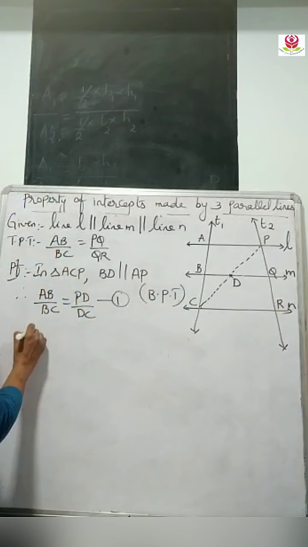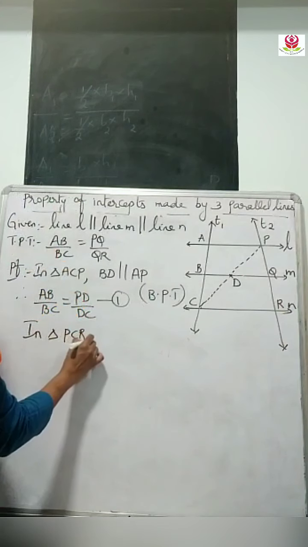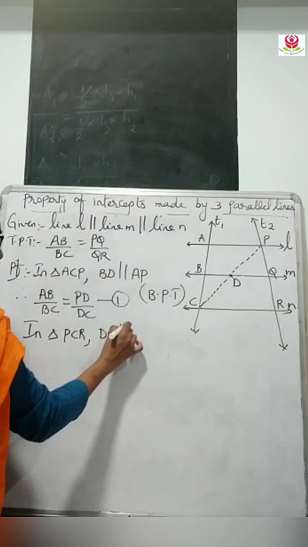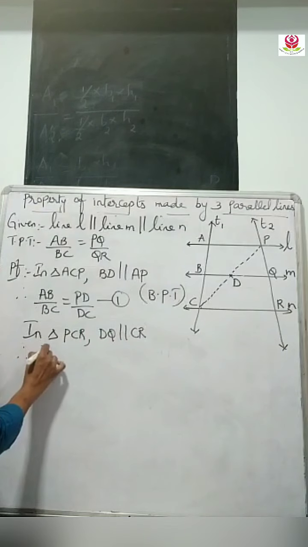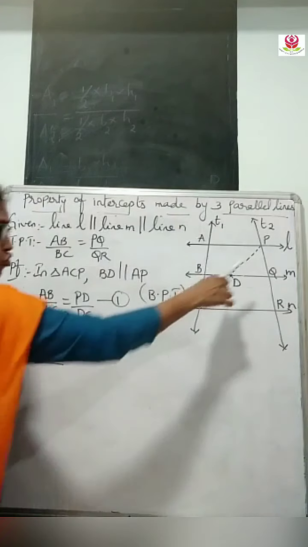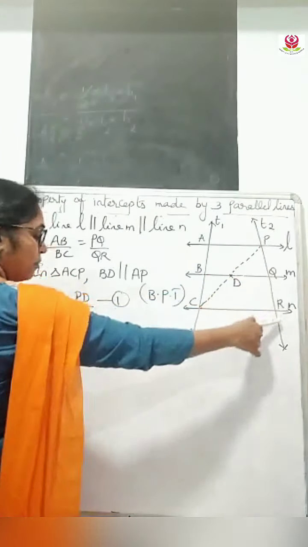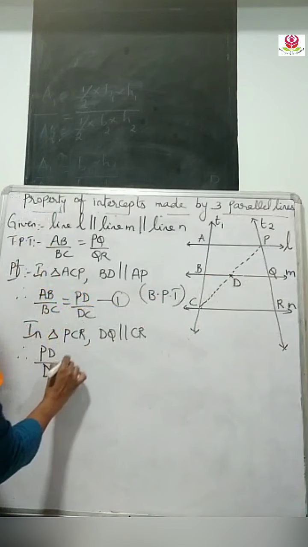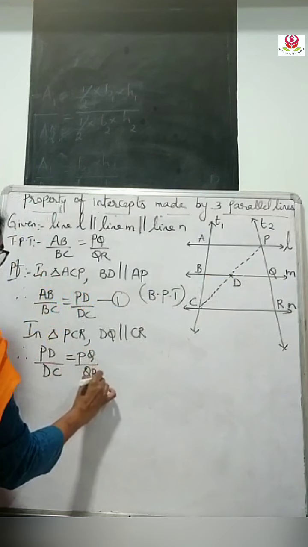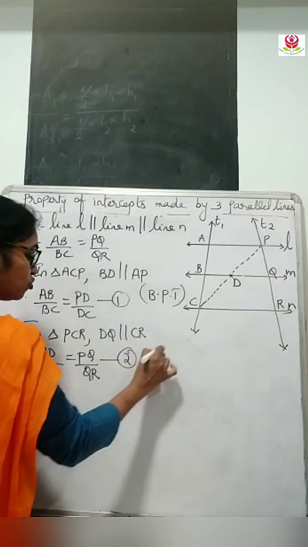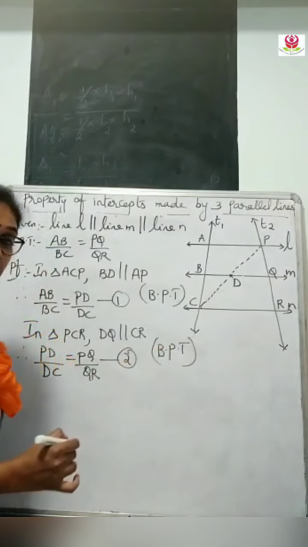Therefore, by the basic proportionality theorem, the ratio PD upon DC is equal to PQ upon QR. We can mark it as equation 2. The reason remains the same: it is the basic proportionality theorem.